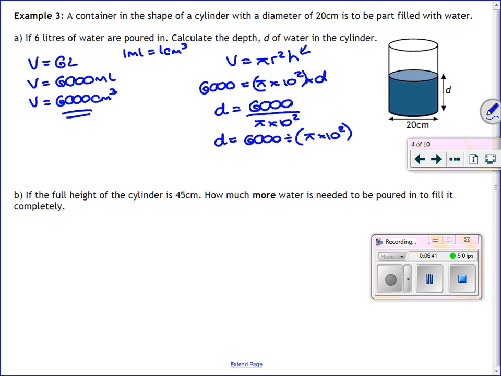So 6,000 divided by pi times 10 squared, close bracket. So that means that the depth D is going to be 19.1 centimetres.